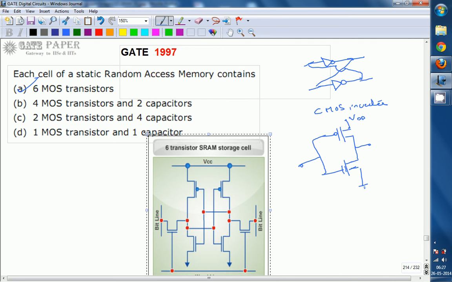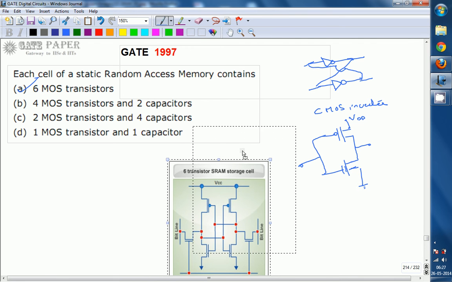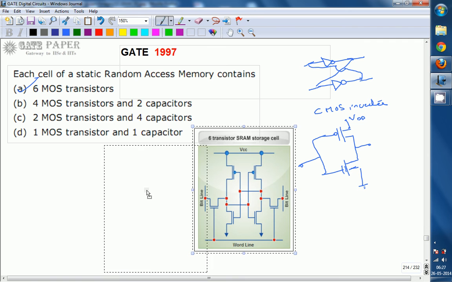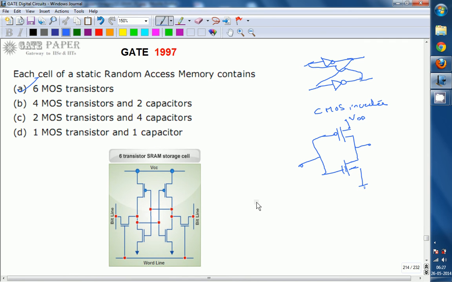So this is the diagram, the 6 transistor SRAM storage cell. Let us assume the numbers 1, 2, 3, 4.